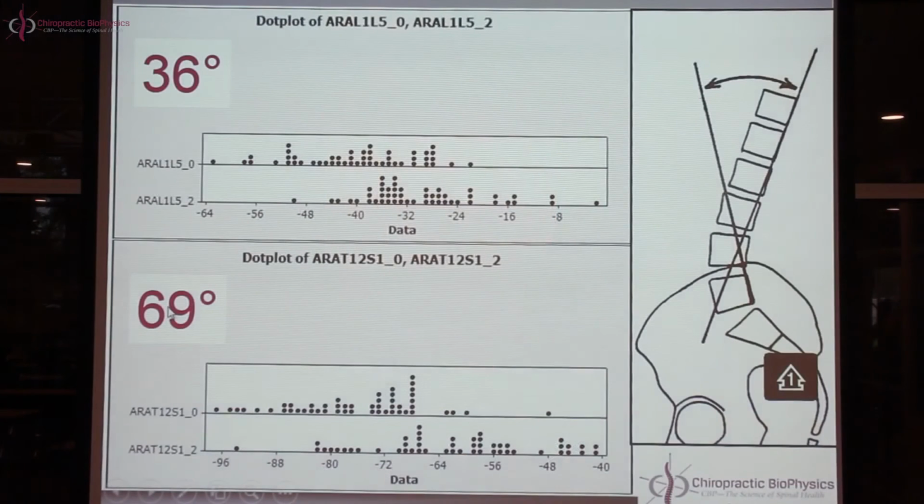This one, 69 degrees, T12 to S1. Look at this. If I find 69, here are my acute back pain subjects versus my normal subjects. You can see clear cut points: normals on the top, and acute back pain on the bottom. There are clear differences between these subjects' data. So this is how we look at cut points between the subgroups of back pain.